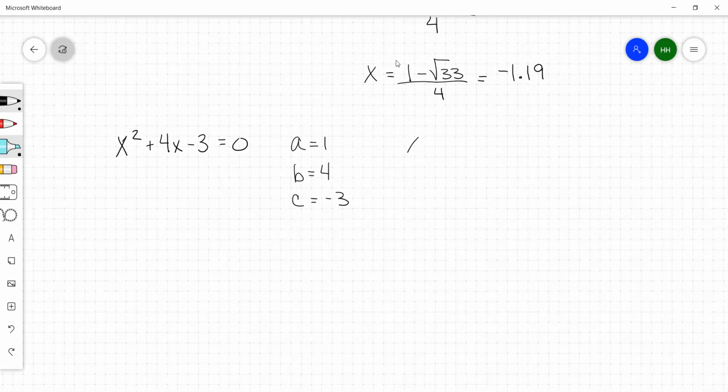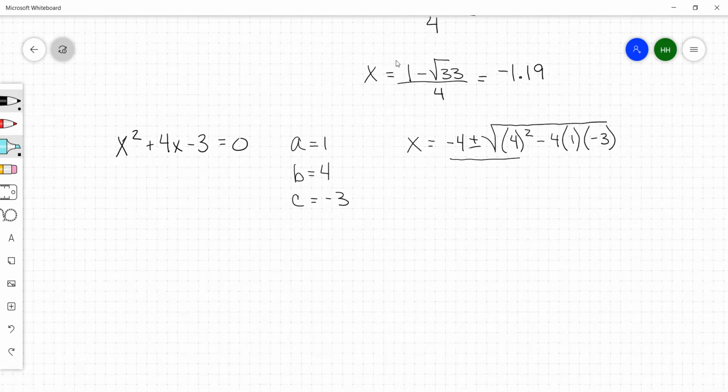You take your formula and you substitute. So we got the opposite of B, so we got negative 4, plus or minus the square root of b squared. So we got 4 squared minus, what is the rest of that? Minus 4 times a times c. So we got 4 times a, which is 1, times c, which is -3.